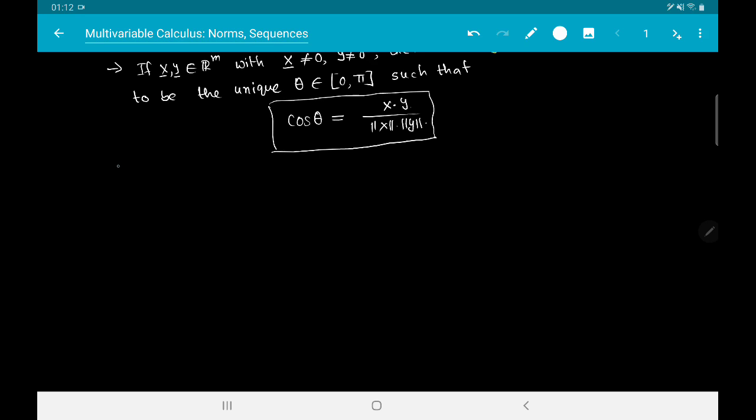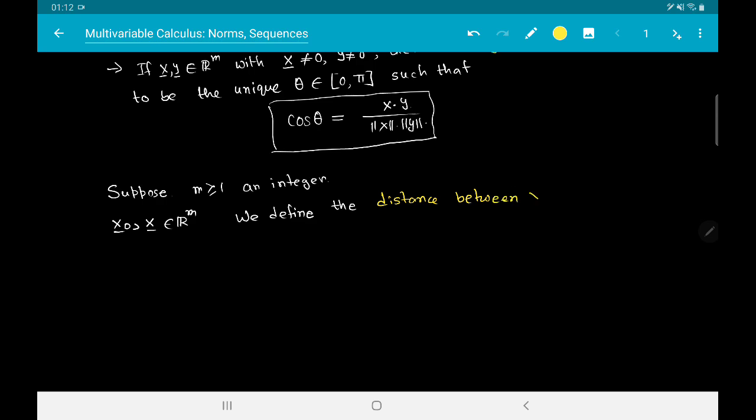So next we proceed. Suppose m is a positive integer, and we have x0 and x, two elements of the Euclidean space of dimension m, and we define the distance between x and x0 to be simply the norm of x minus x0.